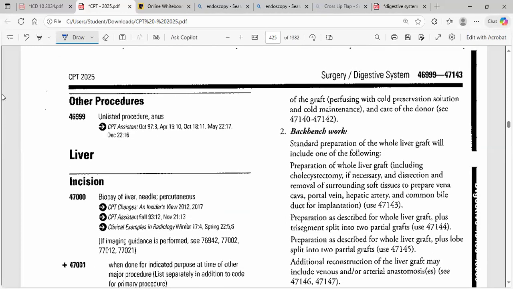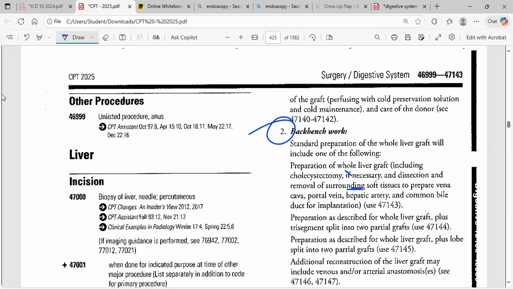After the donor, we have to do the backbench work. Backbench work means the standard preparation of the graft prior to the transplant, which includes removing the adjacent tissues, adjacent fats, or surrounding soft tissues to prepare well for the grafting.